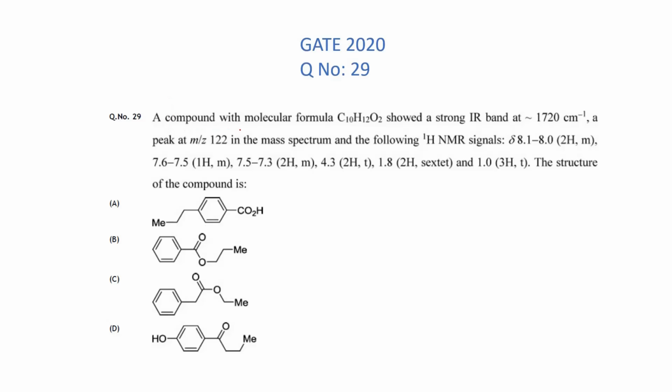A compound with molecular formula C10H12O2 showed a strong IR band at 1720 cm⁻¹ and a mass peak m/z 122 in the mass spectrum, and the following NMR signals: delta 8.1 to 8.0, 2 hydrogen multiplet; 7.6 to 7.5, 1 hydrogen multiplet; 7.5 to 7.3, 2 hydrogen multiplet; 4.3 delta, 2 hydrogen triplet; 1.8 delta, 2 hydrogen sextet; and 1.0, 3 hydrogen triplet.